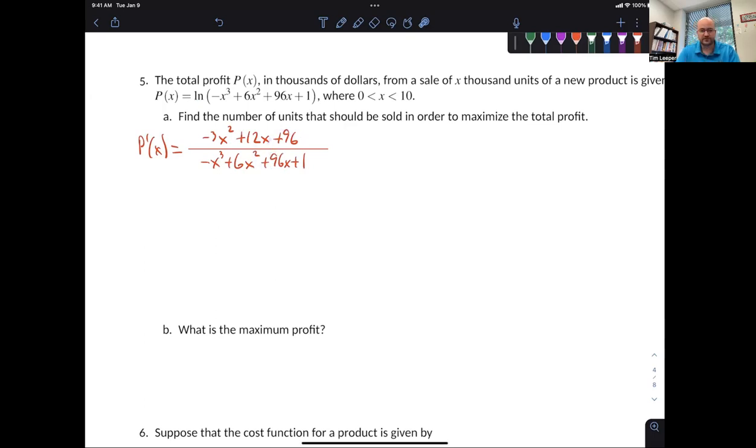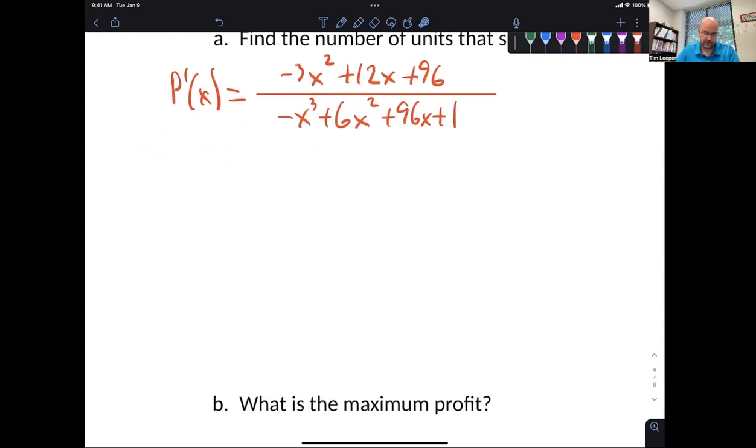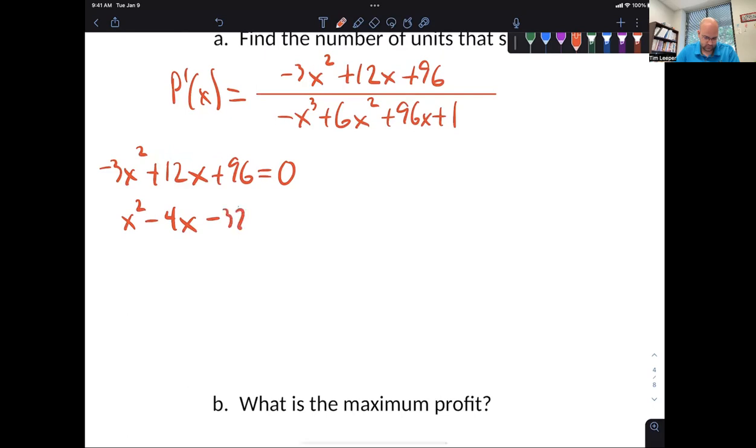In order to solve this, we need to set both the numerator and denominator equal to 0. That gives me negative 3X squared plus 12X plus 96 equals 0. And notice that all these are divisible by 3, so I'm going to divide them all by negative 3, in fact. So X squared minus 4X minus 32 equals 0.